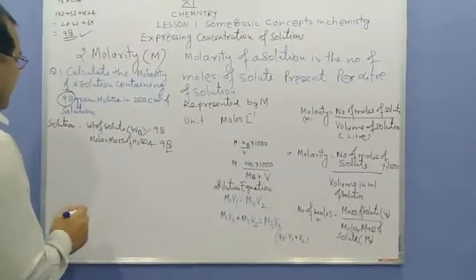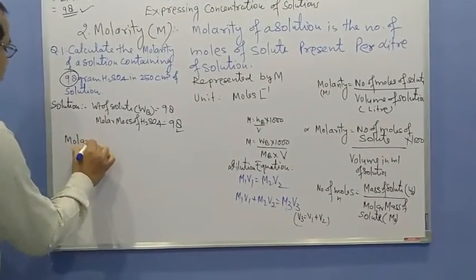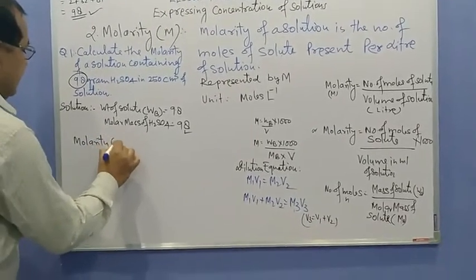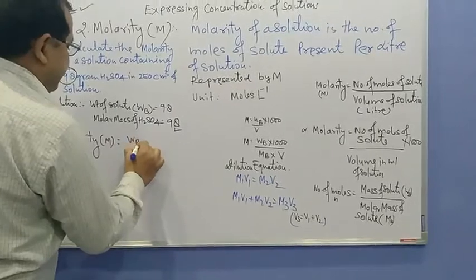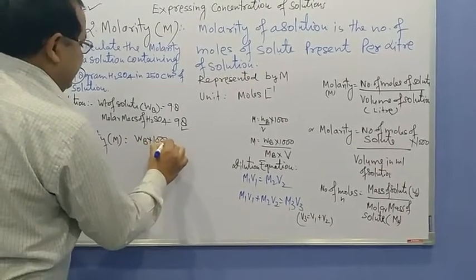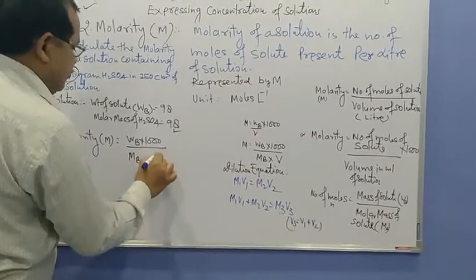Now you have to find out molarity. Molarity equals Wb into 1000 upon Mb into volume.